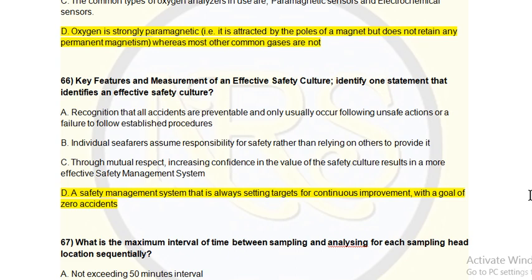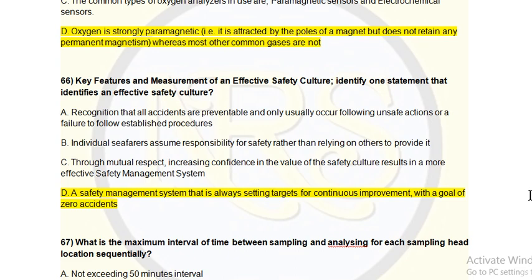A safety management system that is always setting a target for continuous improvement with a goal of zero accidents. So in our sea life we see that most of the companies set targets, they need to reduce the accidents caused by injuries, leading to death, finger injury, hand injury.